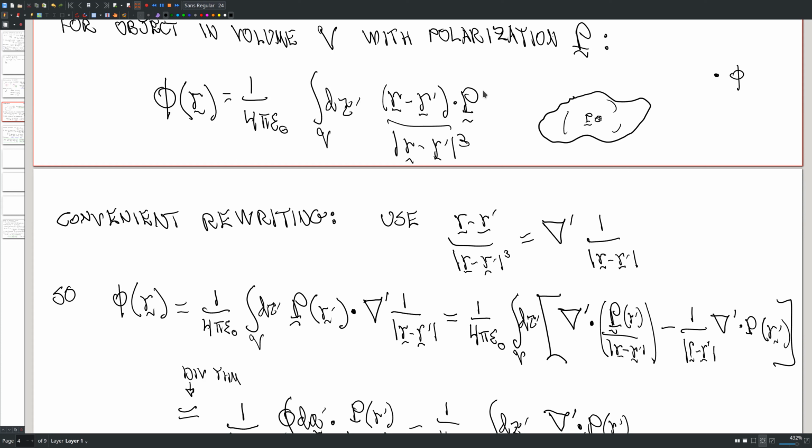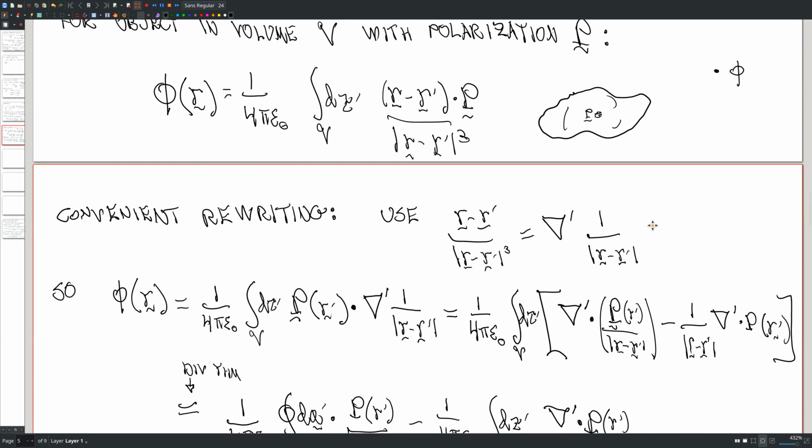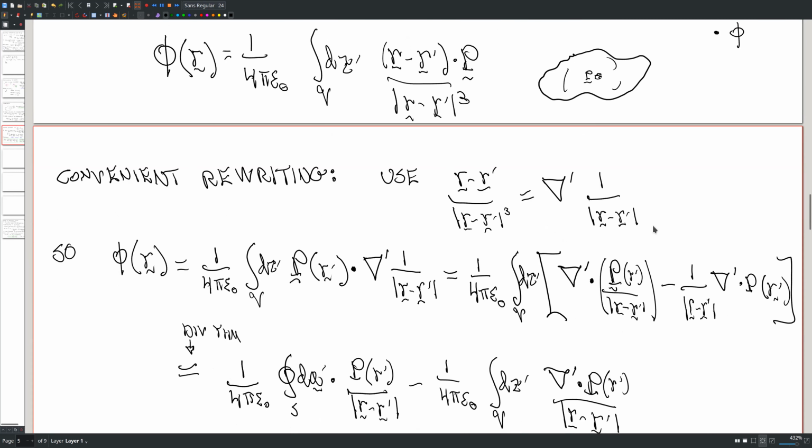It's all sorted out. However, there's a convenient reinterpretation of an equivalent situation giving us exactly the same potential. Here I just want to introduce the idea of the bound volume and surface charges. So how does it go? Again, we put our mathematical hats on for a few minutes, and we use almost the same identities that we flashed last time.